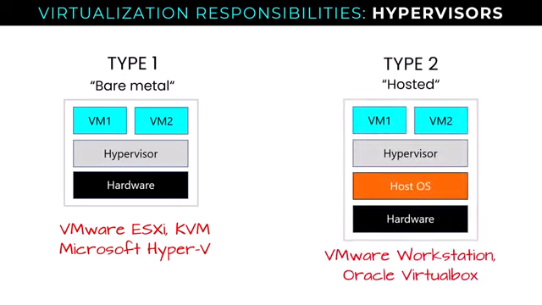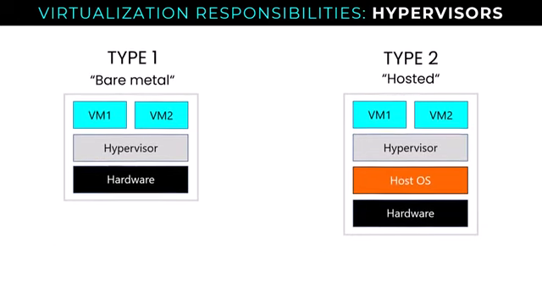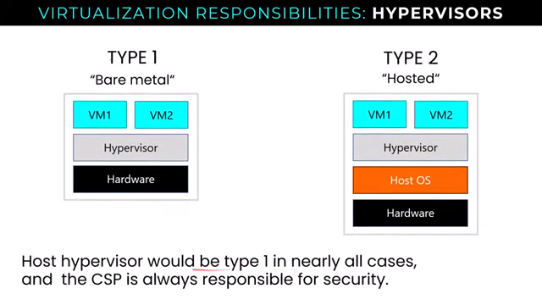That would be VMware Workstation, Oracle VirtualBox. So Type 1 is that production scenario hypervisor. Type 2 is much more common in development and test scenarios. So we're always talking about a Type 1 hypervisor in this case. And again, the CSP is always responsible for security of that physical host and the hypervisor running there.